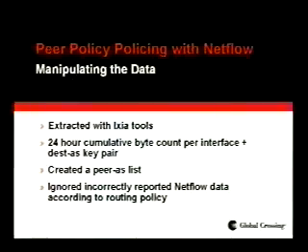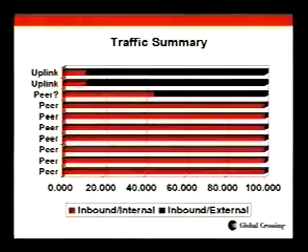So we just tabulated the tabulated data, and ignored the incorrectly reported NetFlow data according to routing policy, the source AS stuff. It was tempting to use source AS, but we ignored it and used interface IP address, which implies which ASN we're peering with.